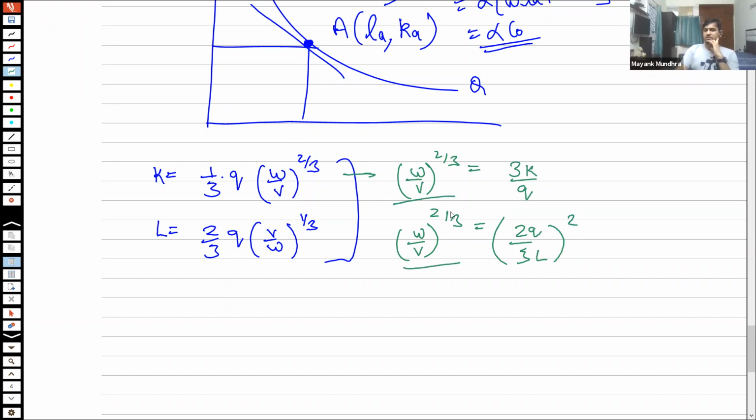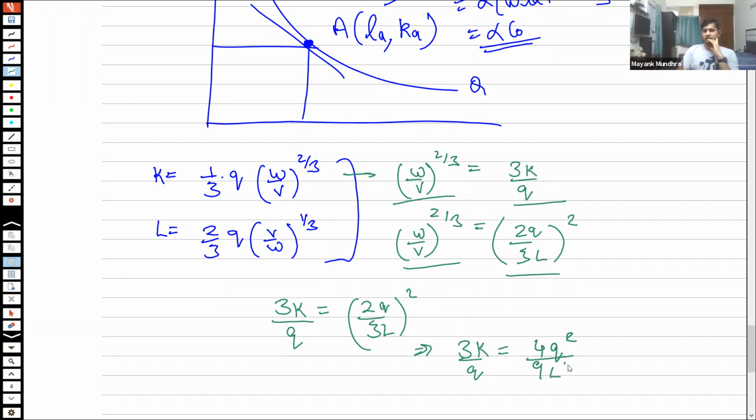Now the left hand side in these two equations is the same, so the right hand side needs to be the same. So 3K by Q must be equal to 2Q by 3L whole square, which implies 3K by Q must be equal to 4Q square by 9L square.